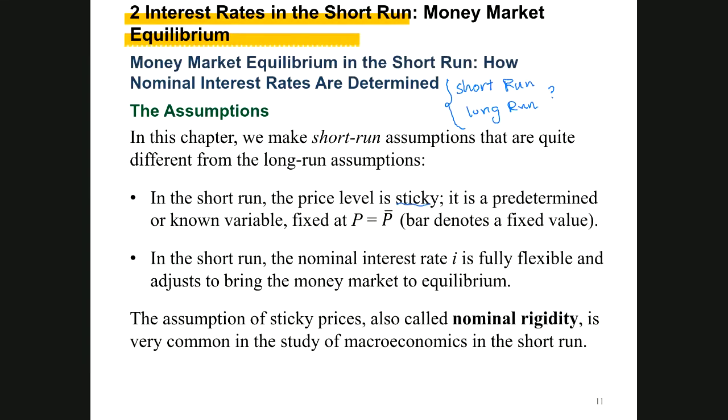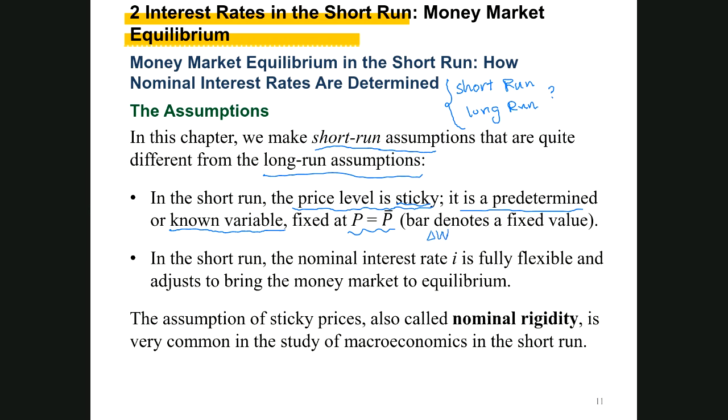But now in the financial market, in the monetary market, how we define it is using the price level. Okay, so the short run assumption and the long run assumption, once again, we are looking at their differences right now. In the short run, we assume that the price level is sticky. It is predetermined, non-variable, fixed. In the trade model, in the specific factor model, the wage is the price of labor, right?